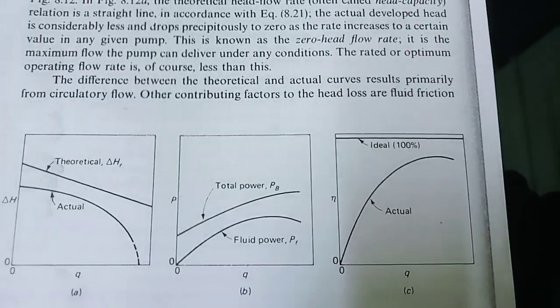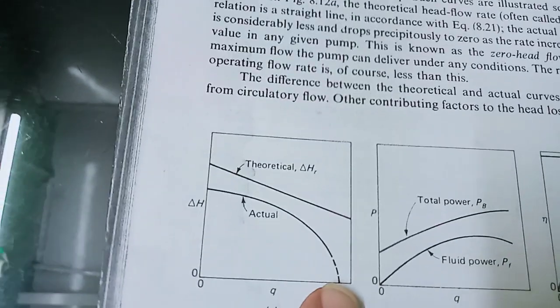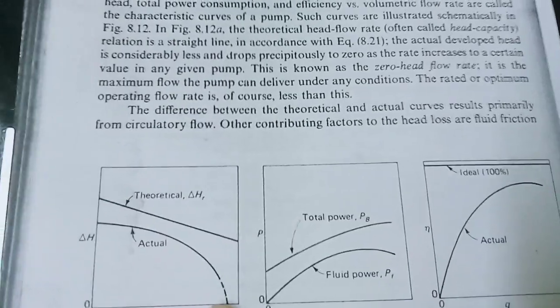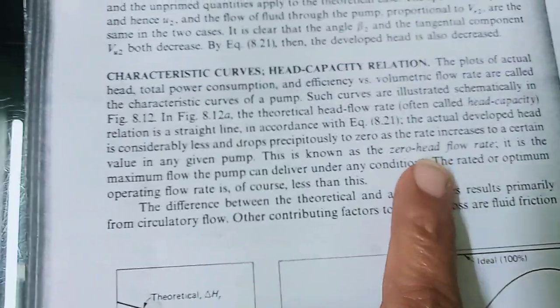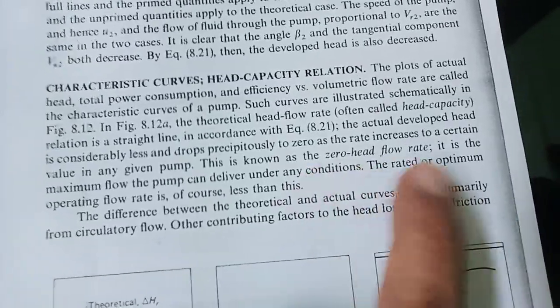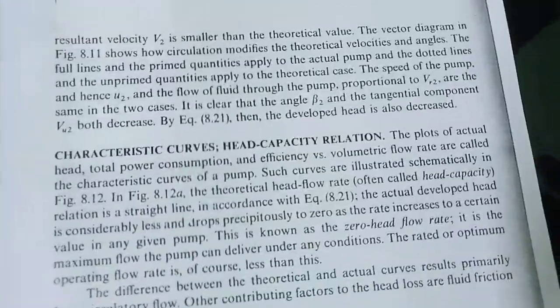As the flow rate increases, the developed head reduces until it comes to 0. This is known as the zero head flow rate. So this is the maximum flow rate up to which the pump can give the maximum volumetric flow rate.